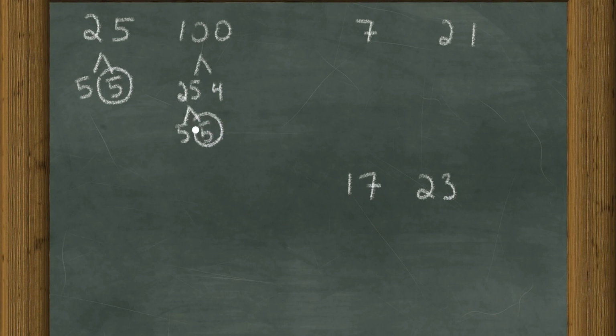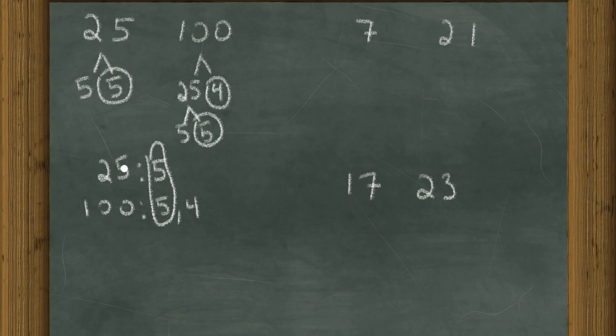So again, I'm going to circle one unique instance of each of those prime factorizations. Then I'm going to write them out. So 25 only has one unique prime factorization, which is 5. Then 100 has 5 and 4. So the greatest common divisor between 25 and 100 is 5.